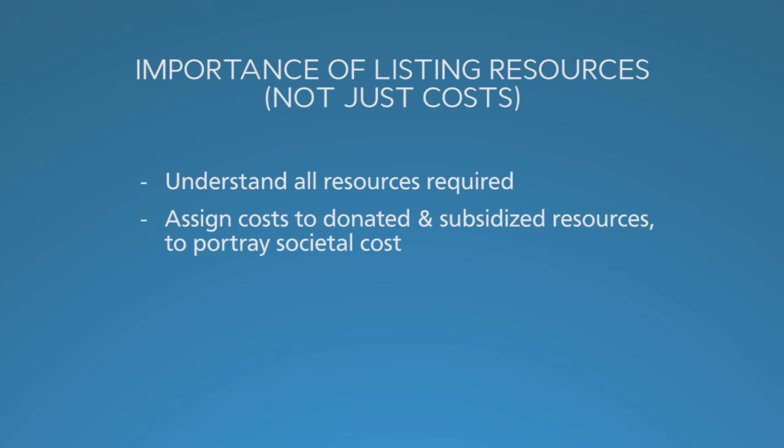Similarly, maybe the circumcision kit was donated by an international agency. If we use just the bottom line dollar number for the budget, we may overlook that. By going through a listing of personnel, supplies, equipment, and so on, we can be very clear about what resources are required to implement this program and make sure we are including all significant costs.